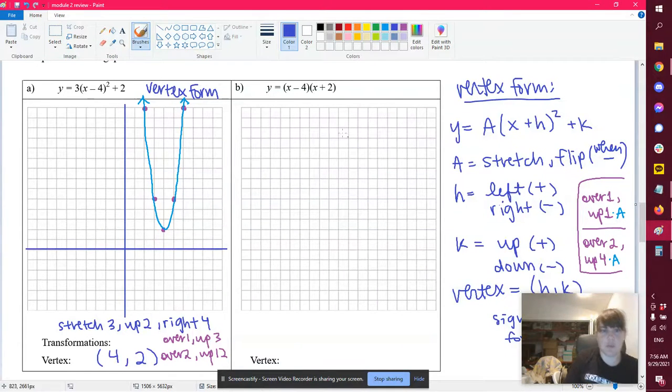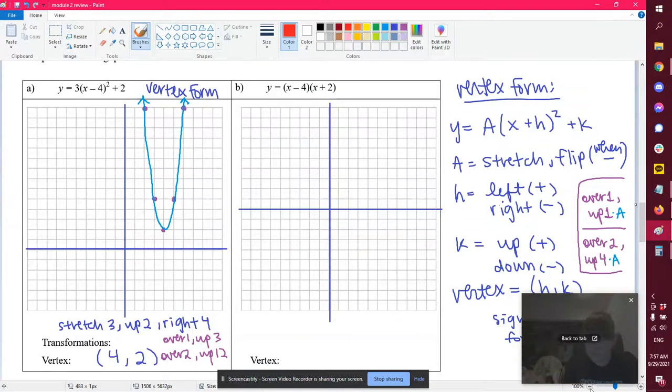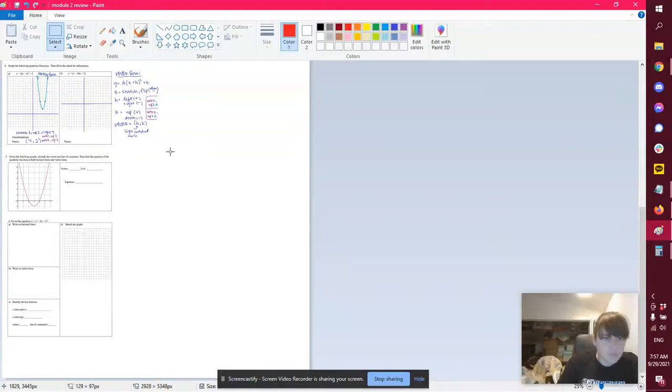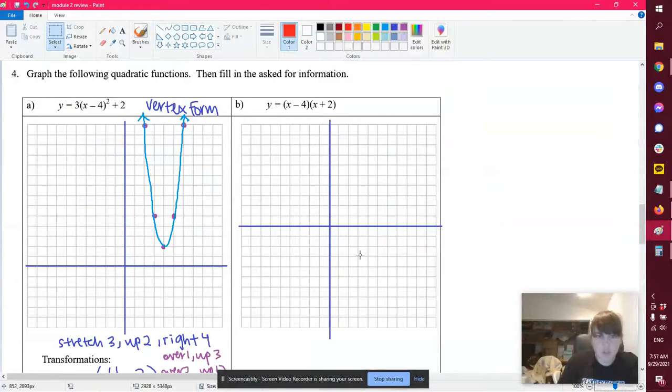Factored form, it's not so bad though. Standard form is definitely the worst. The first thing I'm going to do on factored form is find the x-intercepts.